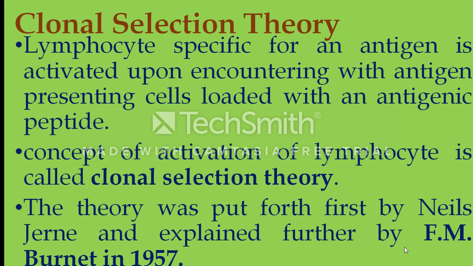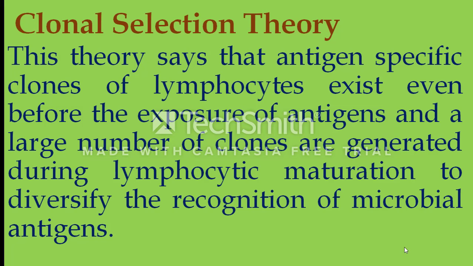The theory was put forth first by Niels Jerne and explained further by F.M. Burnet in 1957. This clonal selection theory says that antigen-specific clones of lymphocytes exist even before the exposure to antigens, even before the infection, and a large number of clones are generated during lymphocytic maturation to diversify the recognition of microbial antigens.